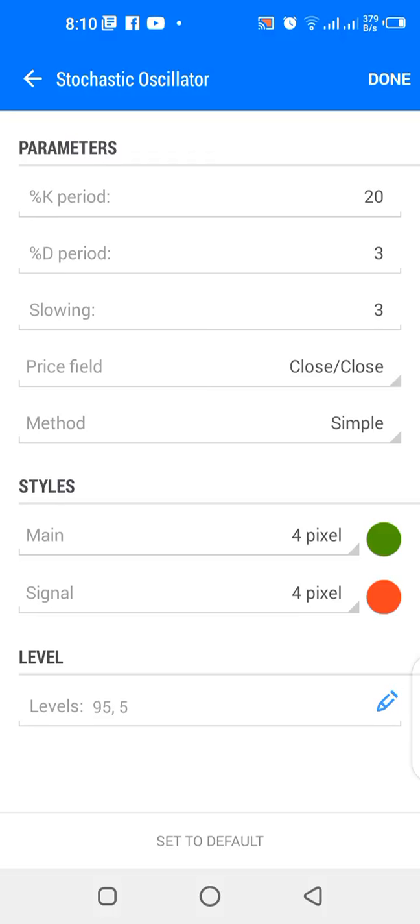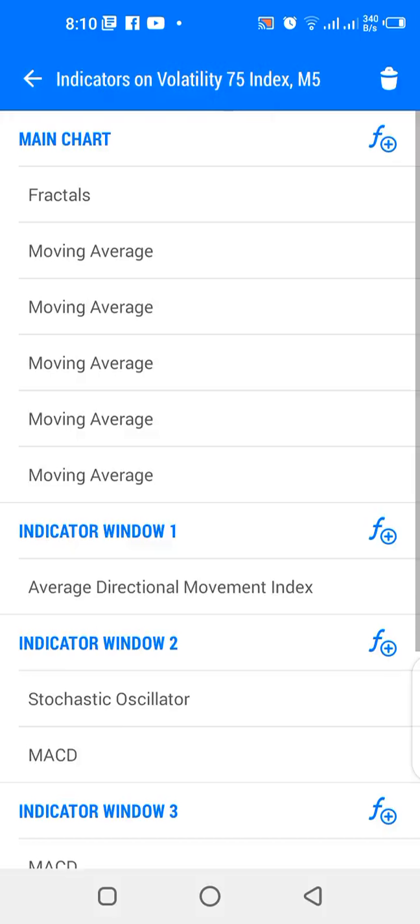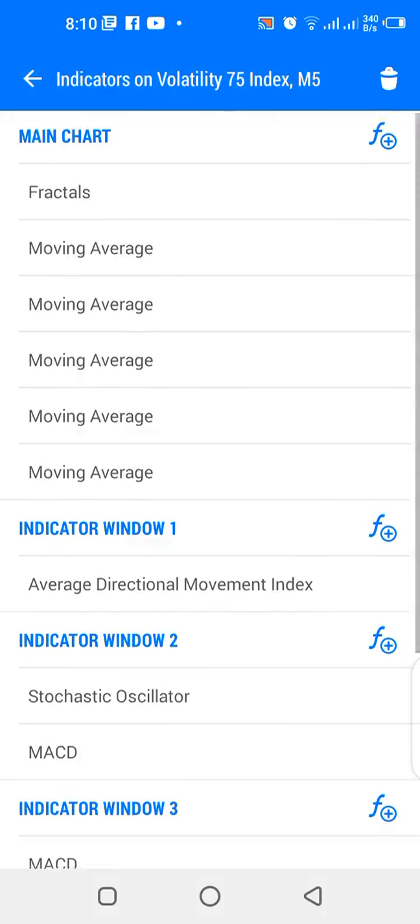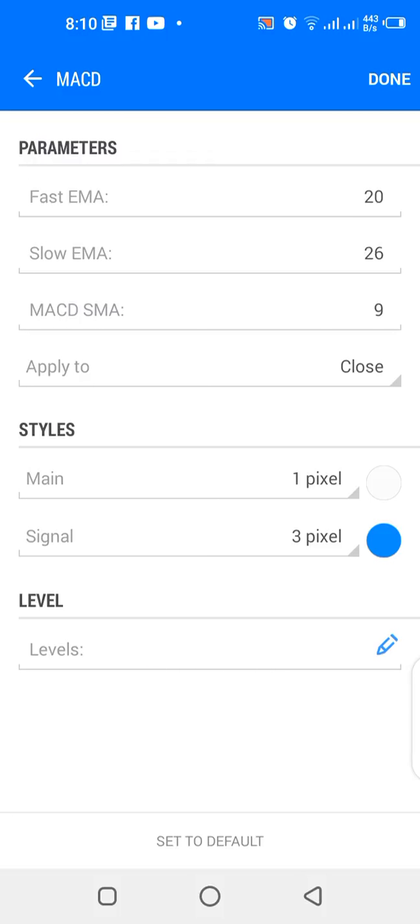Then we'll look at the levels. We have 95 and 5. The color is black. Okay, apart from the stochastic oscillator on indicator window 2, we also have MACD. Let's look at the settings.